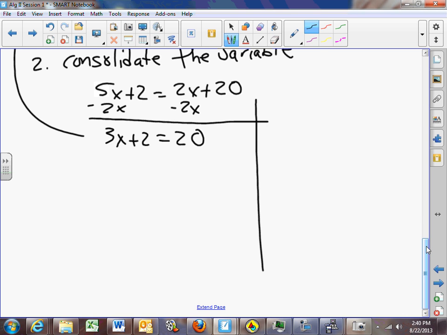If you look at the expression on the left-hand side, it's 3x plus 2. If you ask yourself, if I knew what x was, what would I do to that number to find the value of that expression?